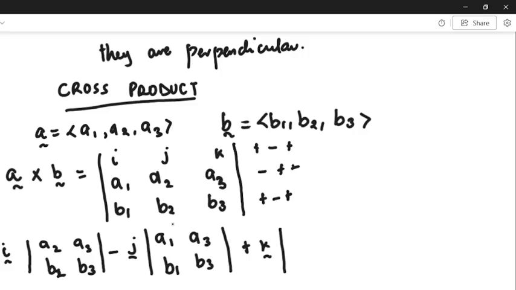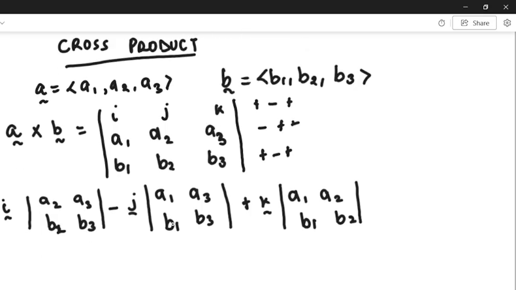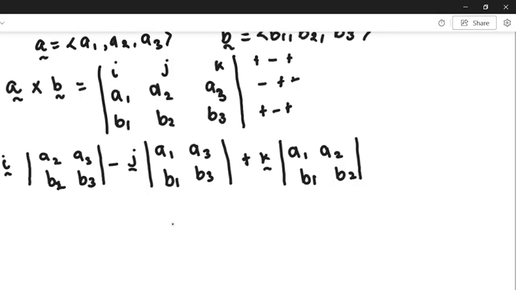Sorry, we delete row 1 and column 3. We are left with A1, A2, B1, B2. And then what happens next is you find the determinants of these small matrices.